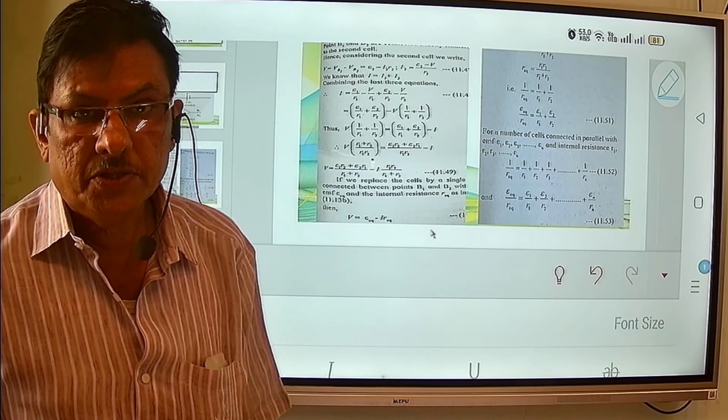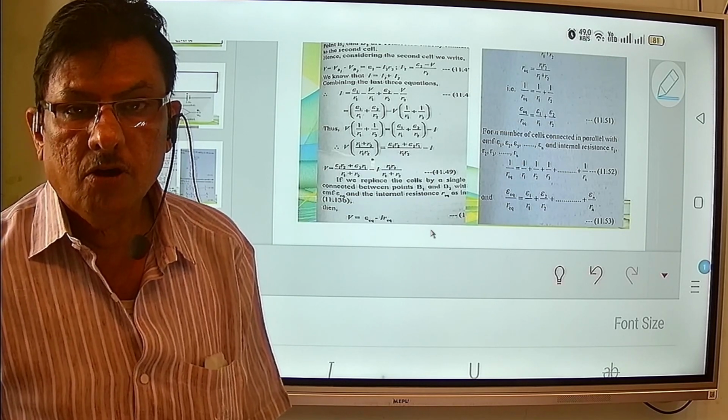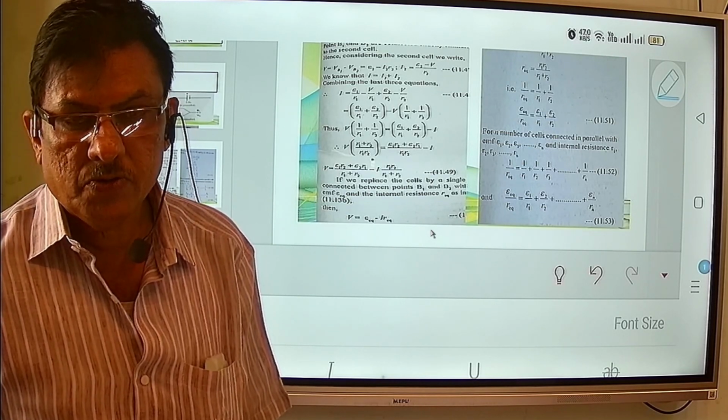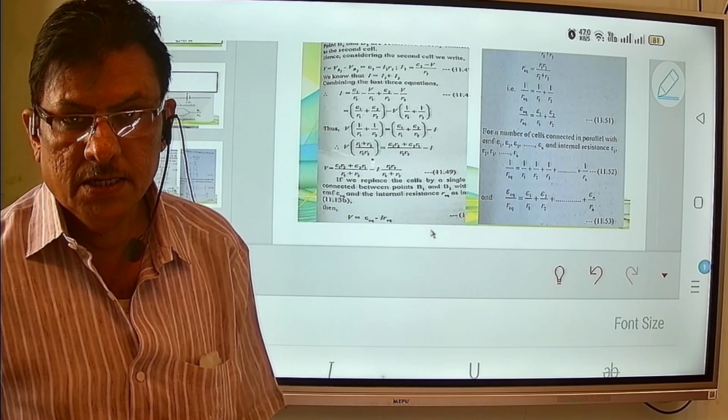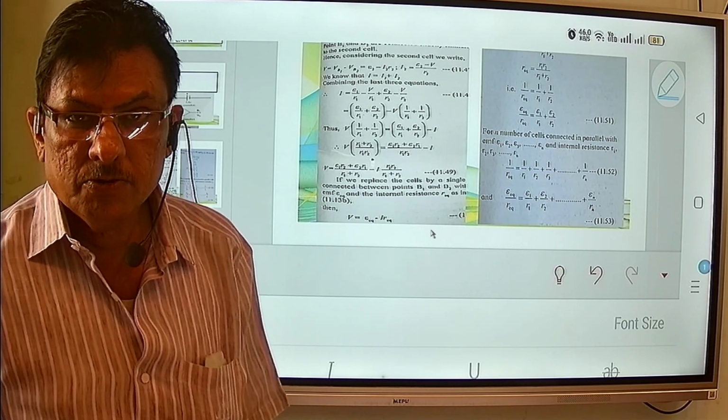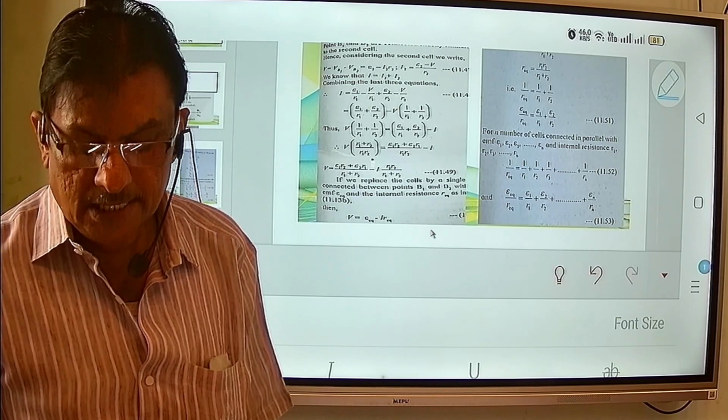This equation we have already got and proved. But now, similarly, we have to take the values for both the cells.